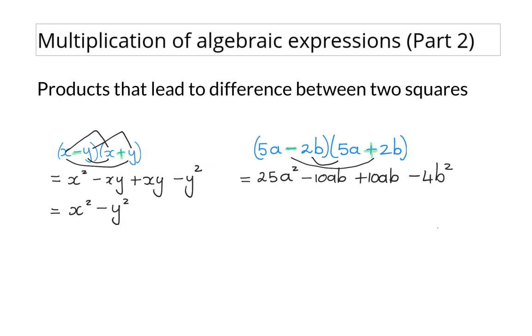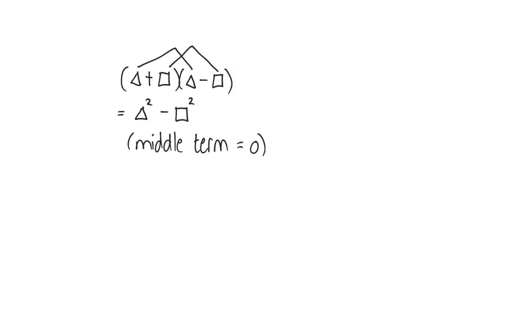And now you can see that the two like terms sum to 0, so the answer is 25a squared minus 4b squared. If you understand the work, it is not necessary to write down the second step. You can go immediately from the question, determine the product, to the final answer.